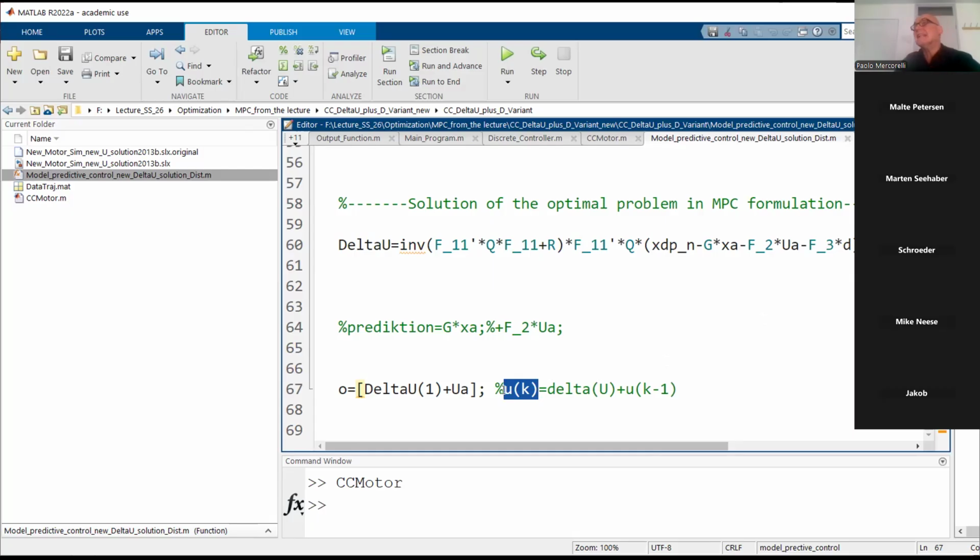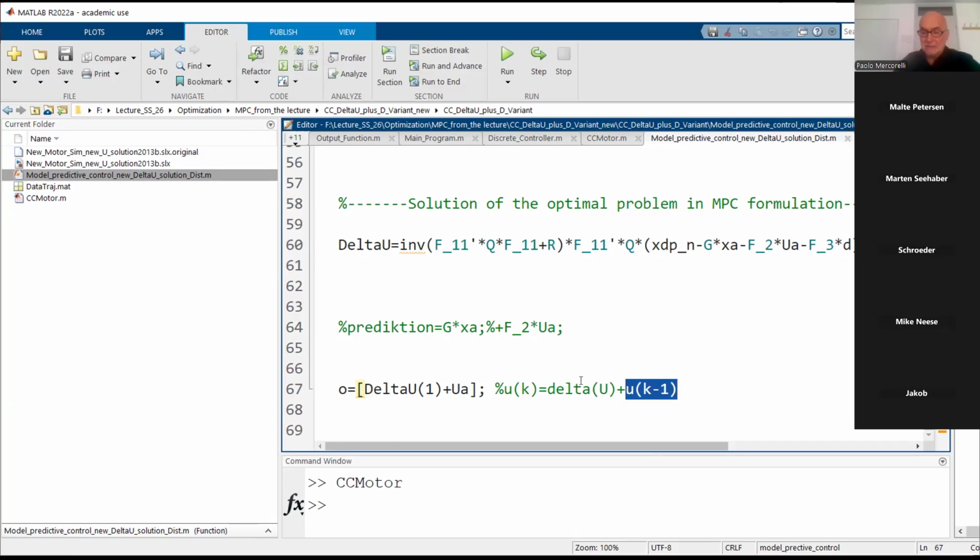to the system is not delta, but is u. Anyway, I will find the solution for delta, but I apply u to the system. But this is not difficult, because when I have a delta which optimizes, which is the optimal solution, I add delta plus the previous solution, which was already optimal, to obtain u of k.